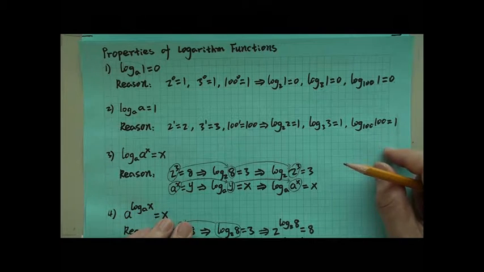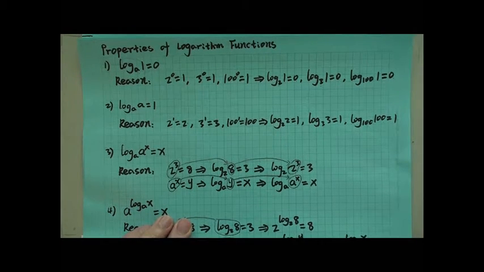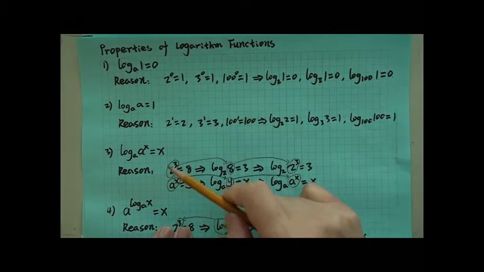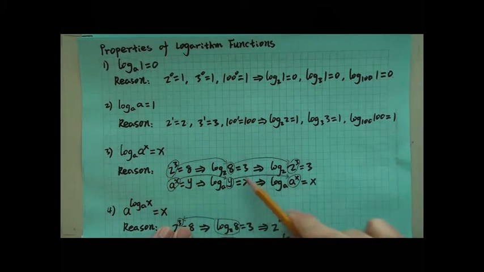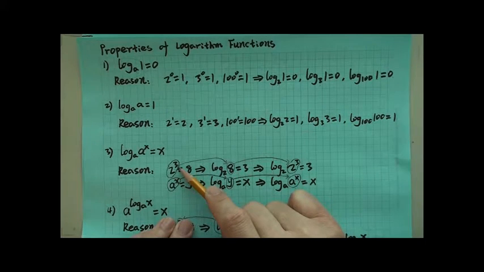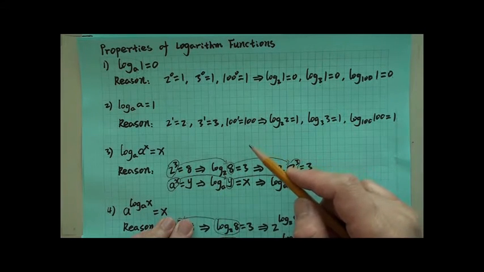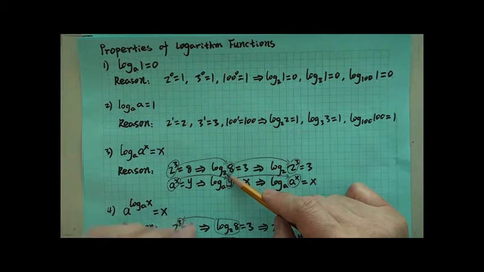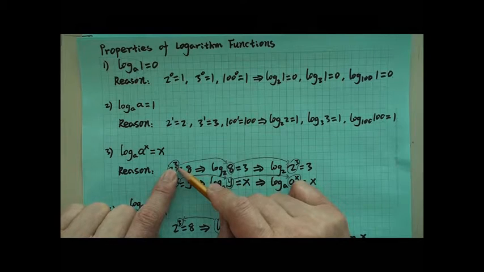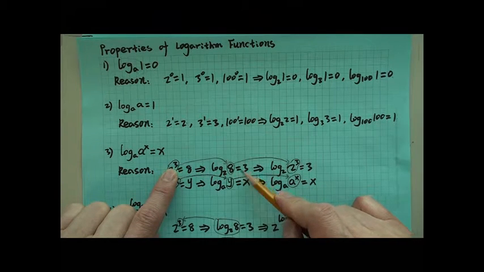The third property. Before we do that, let's look at this. 2 cubed is 8. Now, using the logarithm, log base 2 to the 8, find out the exponent, which is 3. Logarithm is always to find out the exponent.